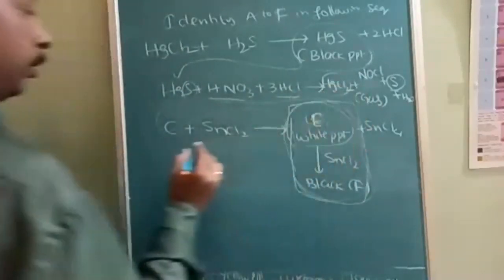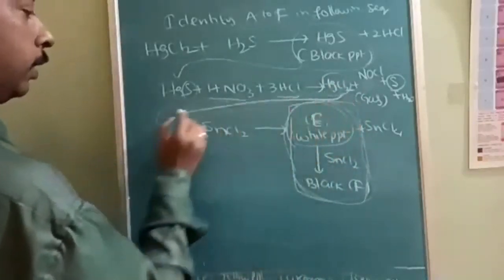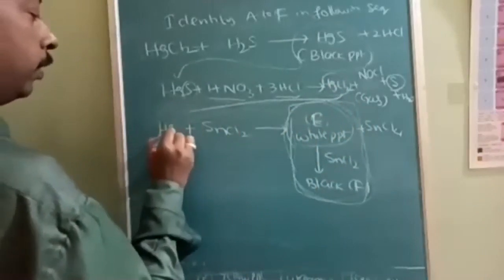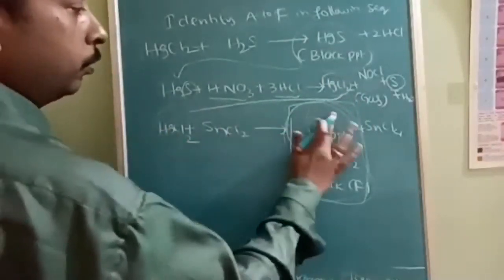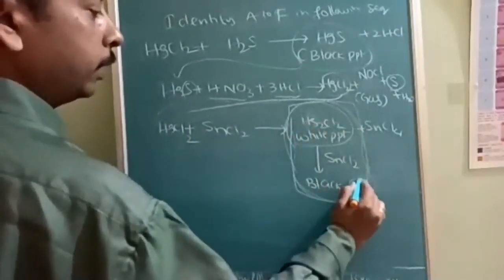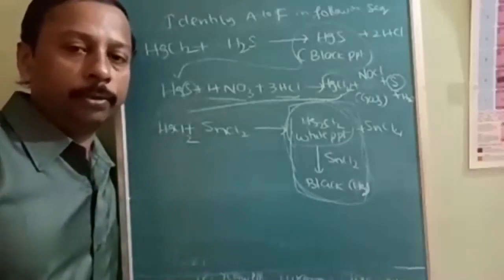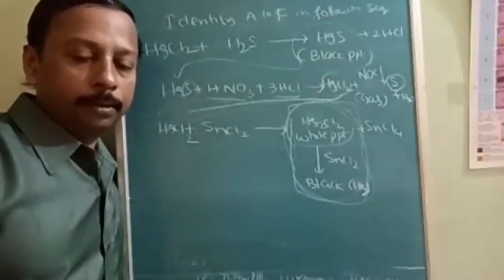Now when it is treated with SnCl2, the same HgCl2 we are writing here, as I just told you, gives Hg2Cl2, and here it is Hg. Finally, this is the algorithm of mercury. Is it understood?